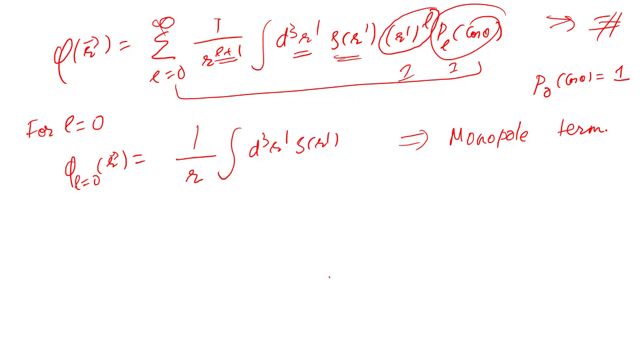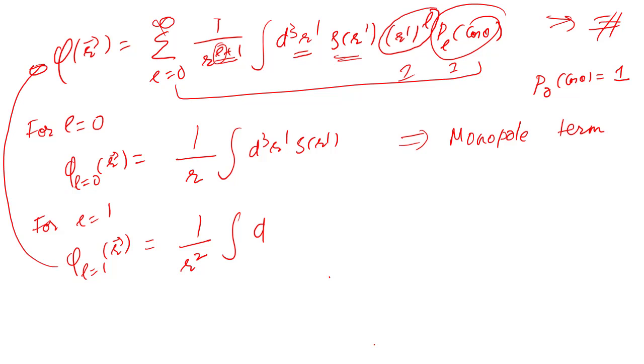Now we can also look at L equal to 1. For L equal to 1, phi_1 of r would be 1 over r squared, because L is equal to 1, times, so I'm plugging in L equal to 1 in this expression. We're singling out each term because we want to look at each multipole term. This is a sum of multiple terms, and each term is a part of that multipole expansion. So when we set L equal to 0, we get the first pole of the multipole, that's the monopole.